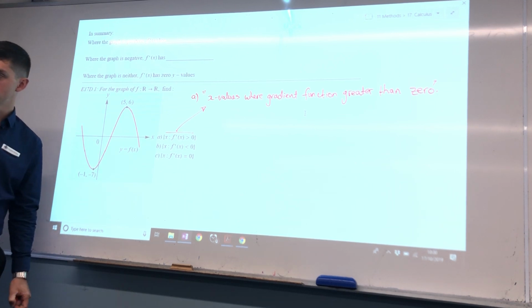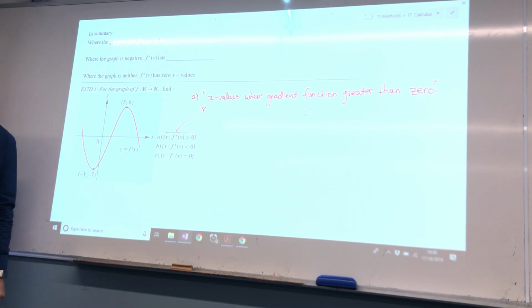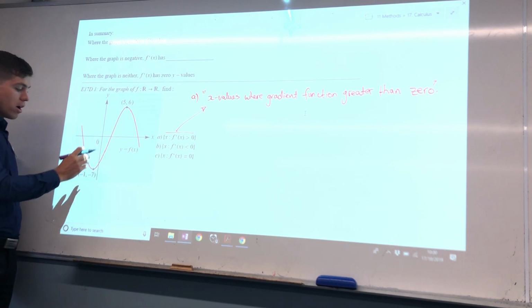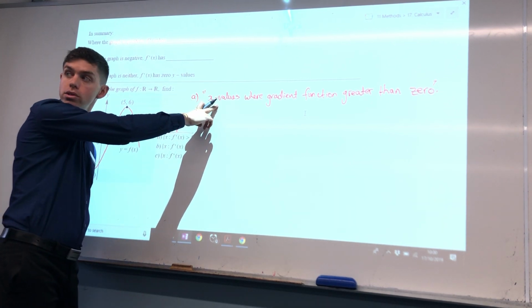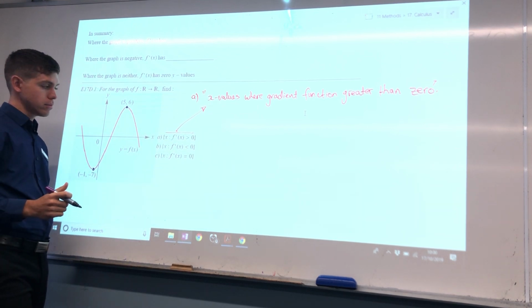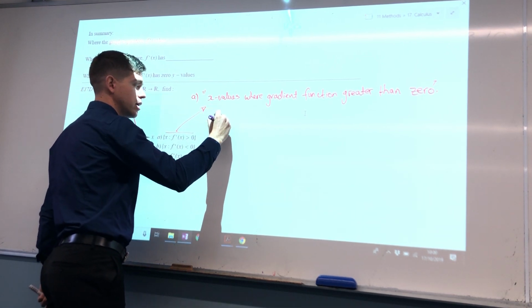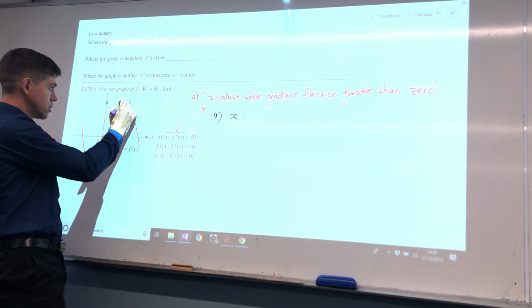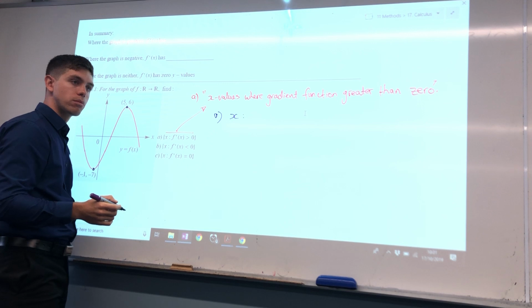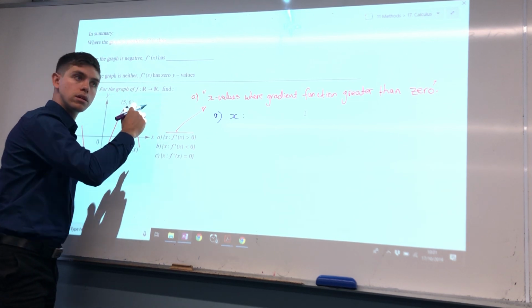Between? Alex, was it? Right, it's between these 2 points. So the x values would be? Yep, so let's say part A, x is between -1 and 5. Between those points, the graph is increasing.